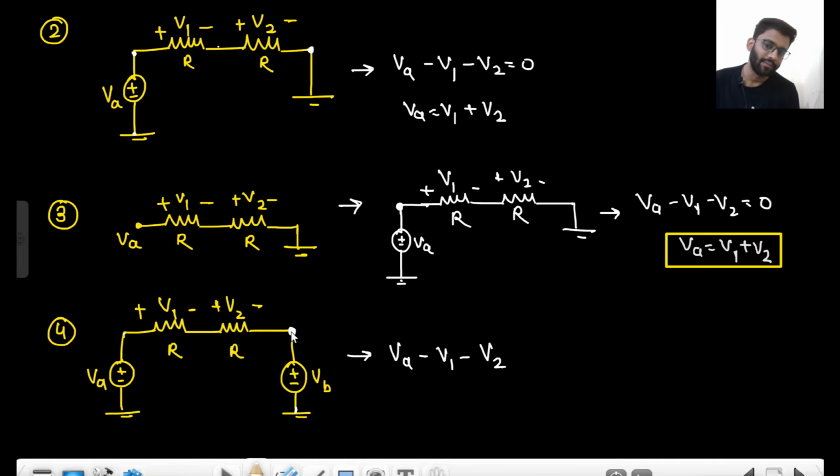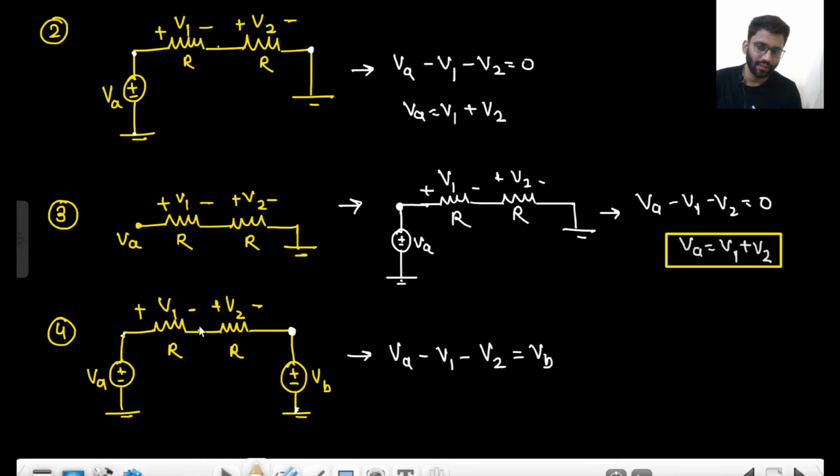And if you start from here, jump VB. From here to here you jumped and look backward. What is the sign? VB. So what is the potential of this point? That is equals to VB. Or what you can do? You can simply follow the same procedure. From here you jumped VA minus V1 minus V2 minus VB equals to 0.